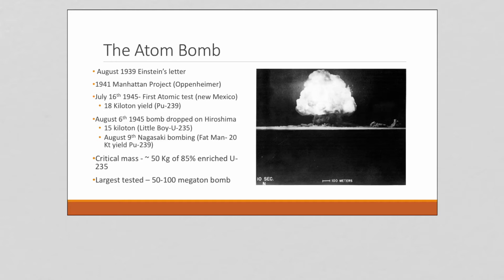Now, we all probably know the history that this led to the development of the Manhattan Project, starting in 1941, run by Oppenheimer, with lots of other scientists contributing to this. And over the course of 4 years, roughly, we went from theoretical idea to weapon test, right?